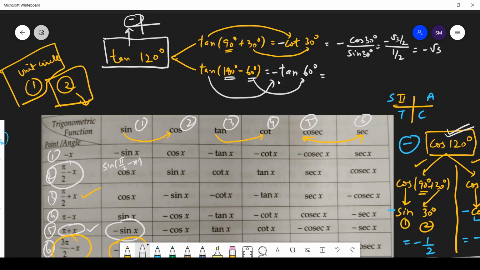Now minus tan 60 is sin 60 upon cos 60. What is sin 60? Root 3 by 2. And what is cos 60? 1 by 2. These values are cos 30, sin 60, sin 30, cos 60. So again you will get the same answer.